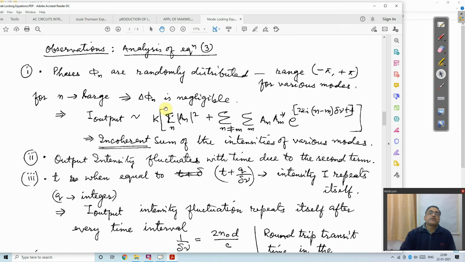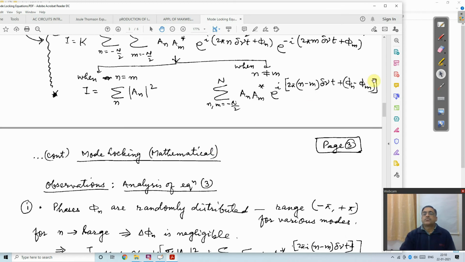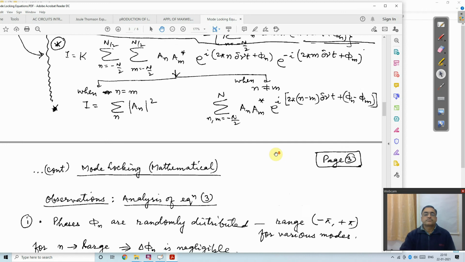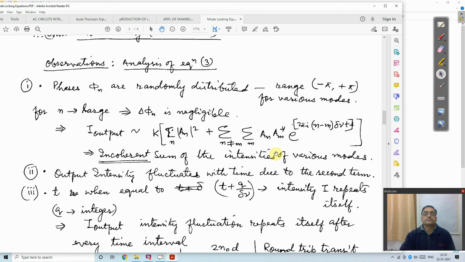Phases phi_n are randomly distributed over a range of minus pi to plus pi for various modes. For n large, delta phi_n is negligibly small. So the output intensity is k summation over n of magnitude a_n squared, and then there will be a cross term, of course.